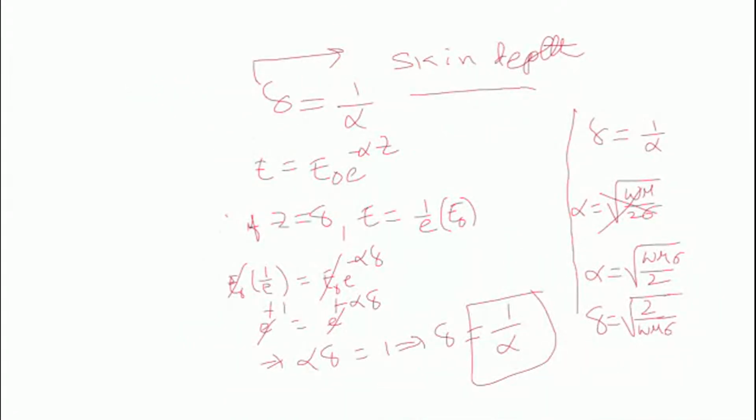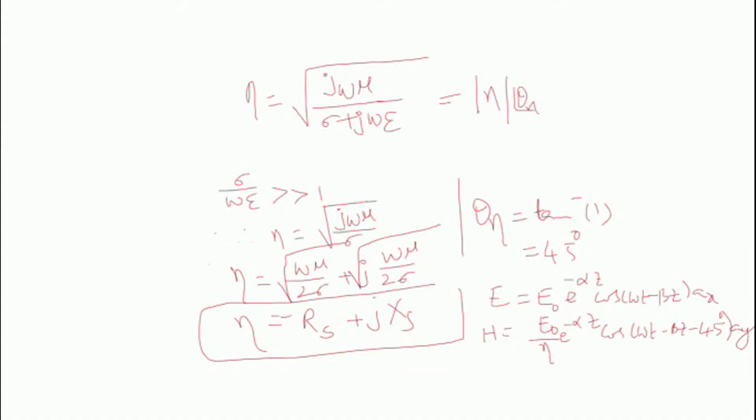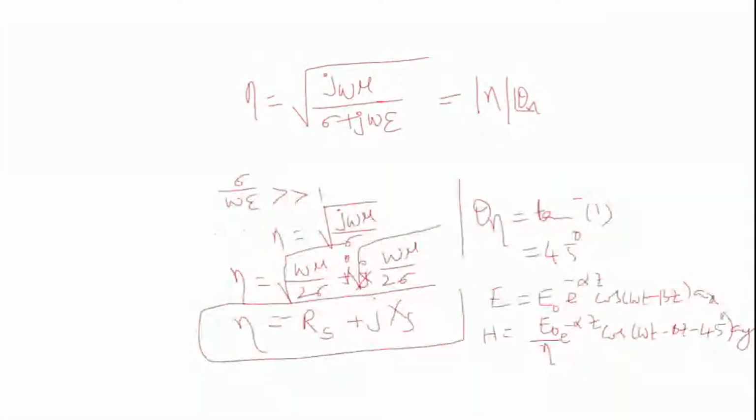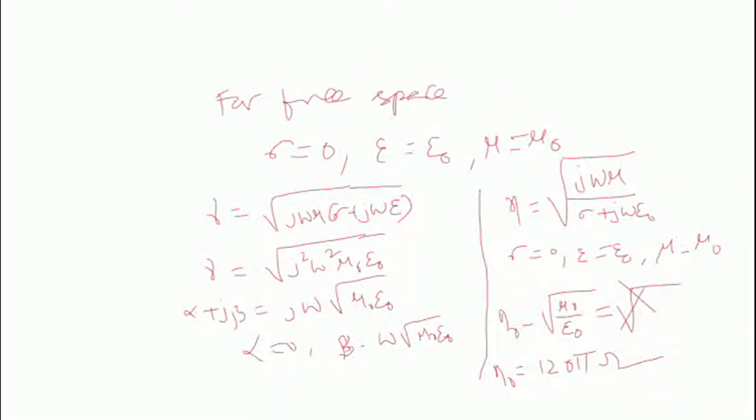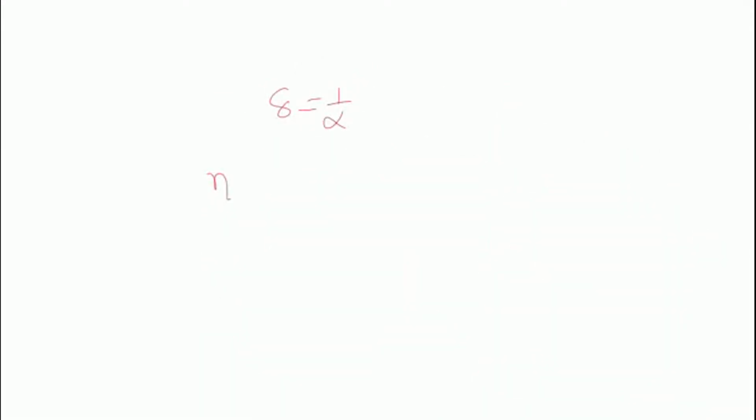So this one is skin depth. Here we have the skin resistance, and this one neta. Neta equals under root omega mu by 2 sigma. Actually, here it is wrong, J is outside of this root. So neta, what is neta actually, for a good conductor?